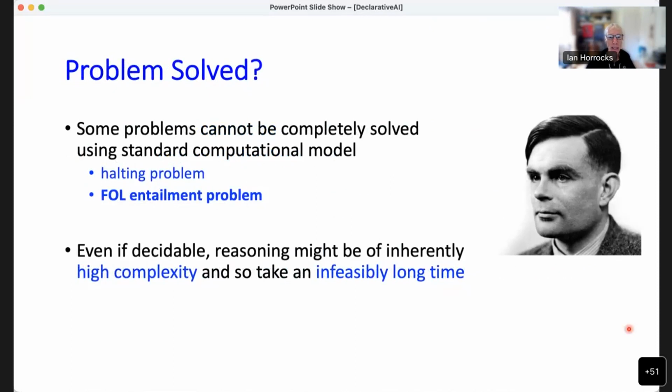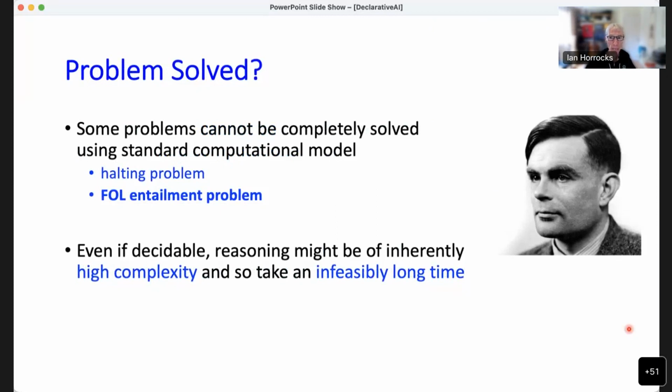Sadly, not quite, because this rather annoying chap here showed us a long time ago that there are issues with problems, and in particular, we know that the first order logic entailment problem is actually undecidable.